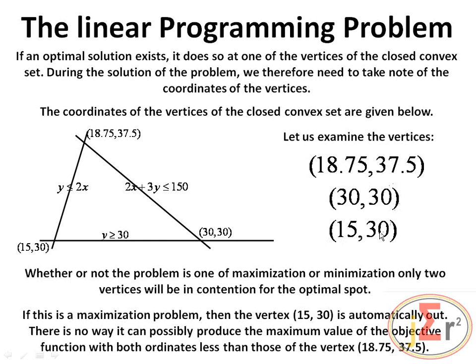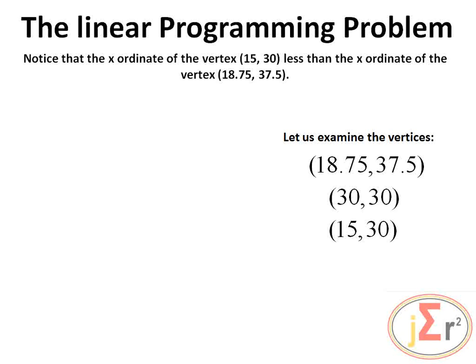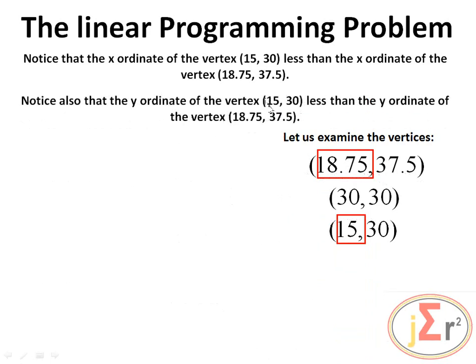Therefore, there's no way that this point can give the optimal solution if we are thinking about maximization. Notice that the x-ordinate of the vertex (15, 30) is less than the x-ordinate of the vertex (18.75, 37.5). Compare them, the x-ordinate is less, and of course the y-ordinate in this point is also less.